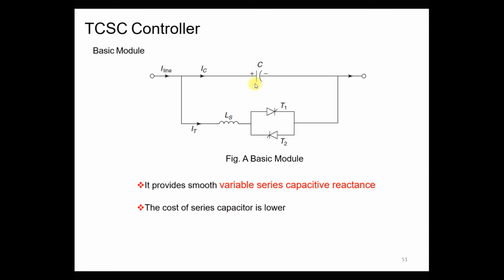Suppose you need to disconnect the fixed capacitor from the line, then fully turn on the thyristors, so the whole current is bypassed through this inductor and thyristor pair, and the series capacitor is out of the circuit. At that time your TCSC works as a thyristor controlled reactor only, and it only absorbs reactive power from the system.